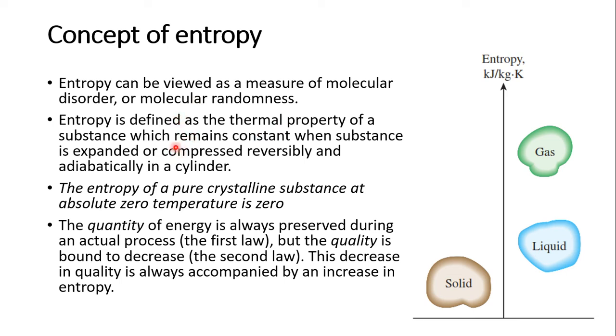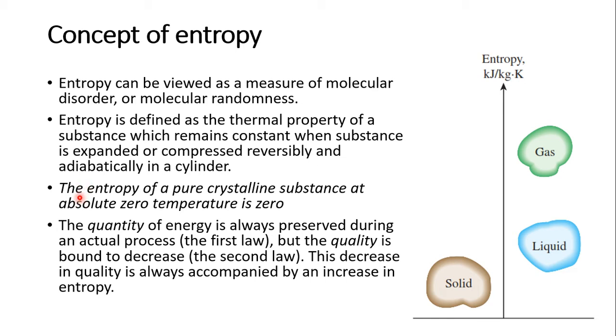The first definition which we had seen was in terms of the S2 minus S1 equation. Another definition is that entropy is a measure of molecular disorder or molecular randomness. Now there is one more definition. Entropy is defined as a thermal property of a substance which remains constant when the substance is expanded or compressed reversibly and adiabatically in a cylinder. What is the meaning of this, we will see afterwards.